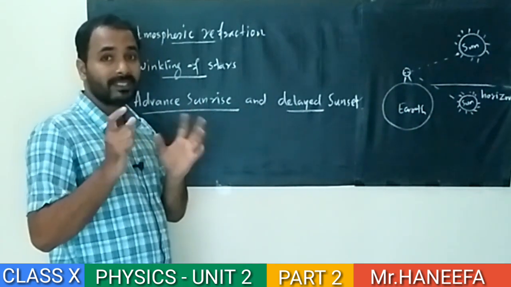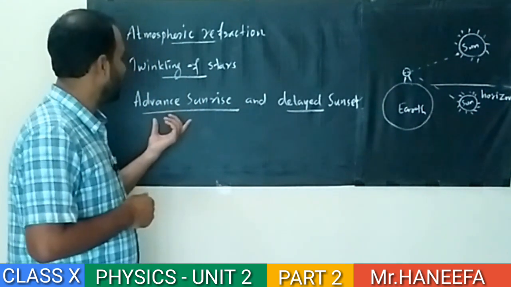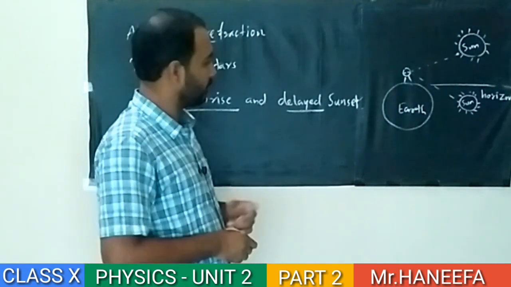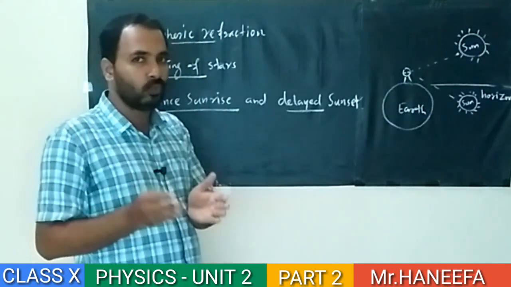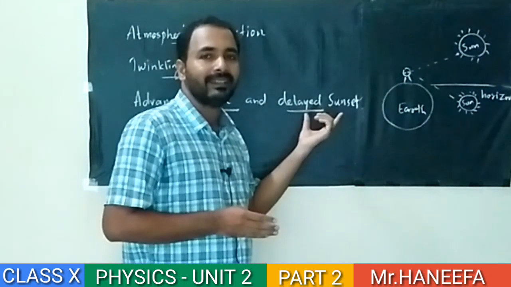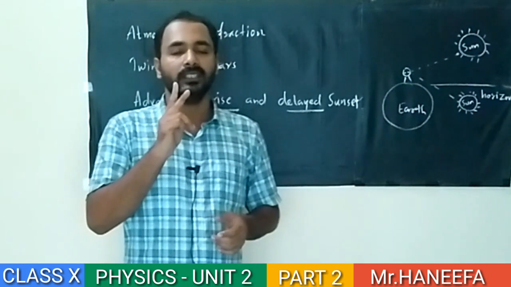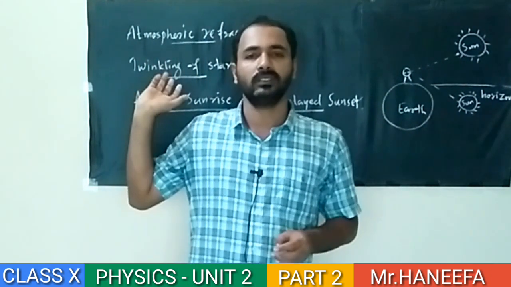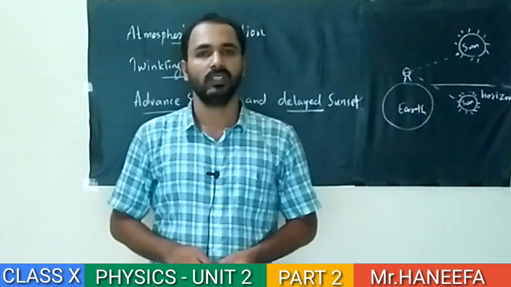So the time difference between advanced sunrise and actual sunrise is 2 minutes. The time difference between actual sunset and delayed sunset is also 2 minutes. Clear? So these are the applications of atmospheric refraction.